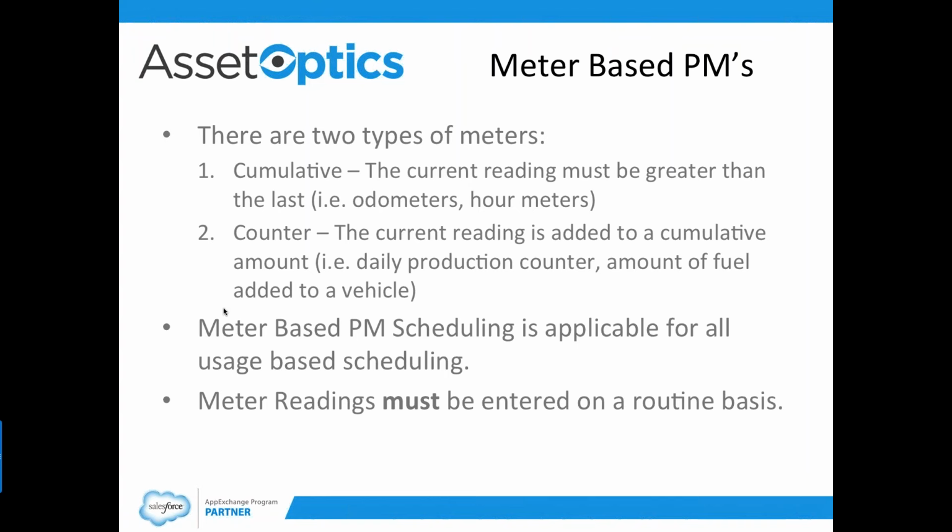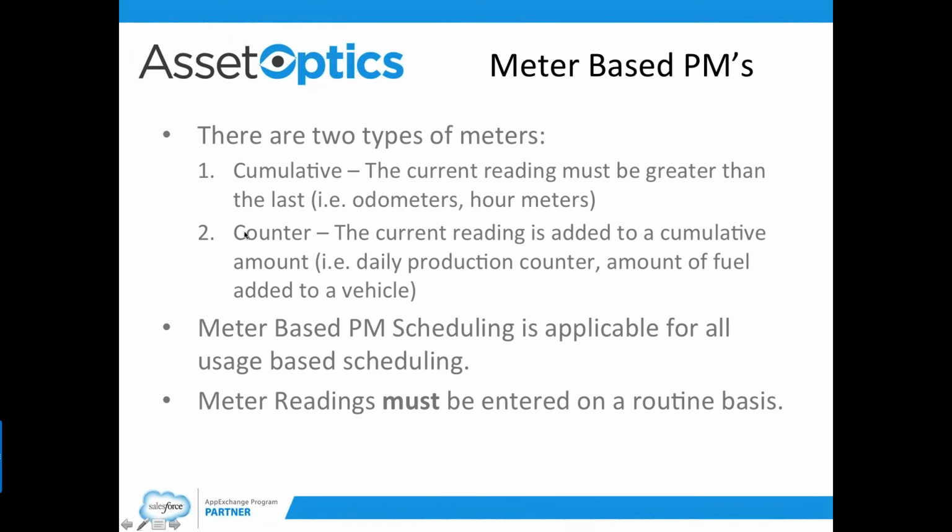So those are things like odometers, hour meters. So it is always an expectation that when you're entering odometer readings, those odometer readings are increasing, unlike Ferris Bueller's Day Off, when you jack the Ferrari up and throw it in reverse.